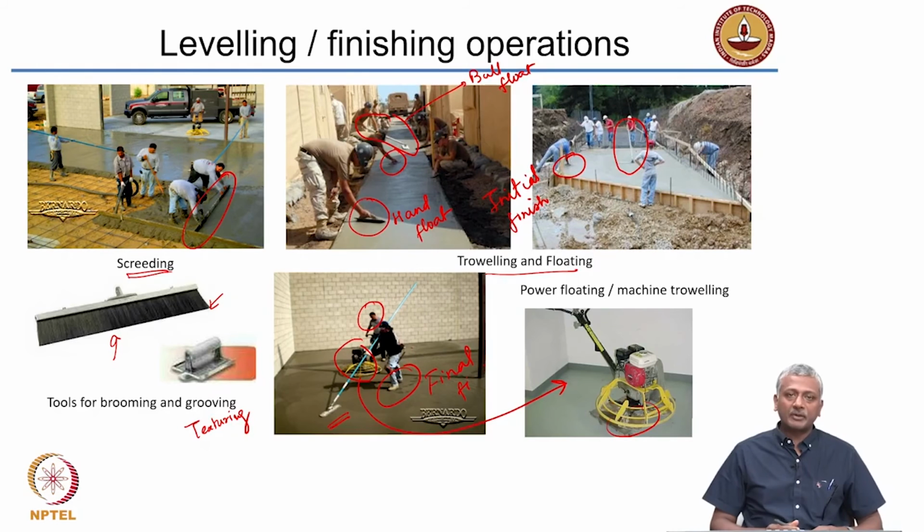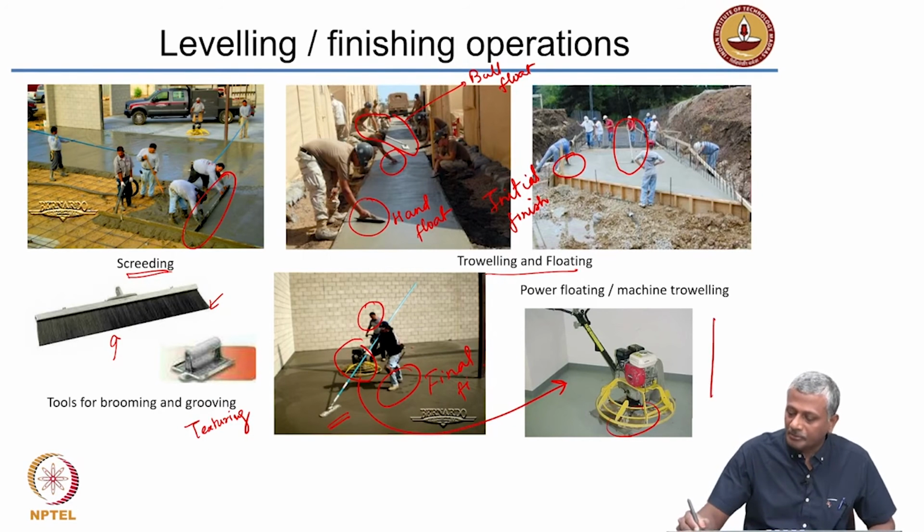So, in concrete pavements, you may see the top of the pavements like this, that you have these lines that have been cut into the concrete or grooved into the concrete. That is basically called tining.